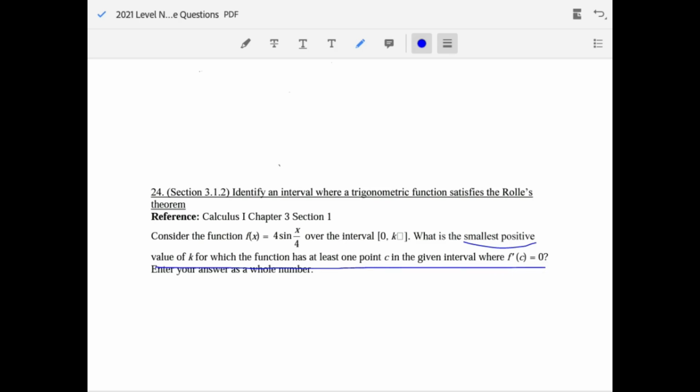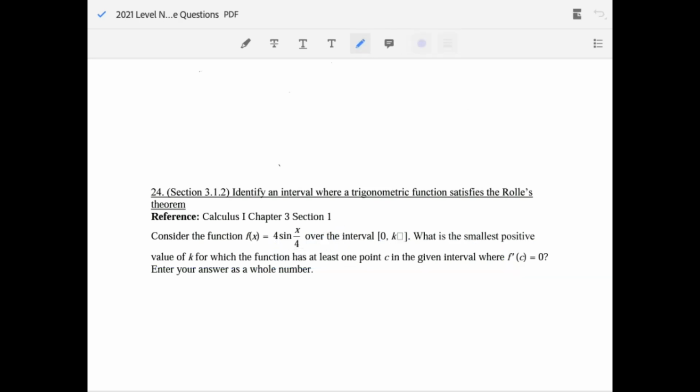Since this is about the mean value theorem and Rolle's theorem, 0 has a sine value of 0, and then you have to find another sine value of 0, so that the secant is equal to 0 because it's a straight line, and then one of these points by the mean value theorem will have f prime of c equal to 0. So you just have to find which value makes it 0 again.